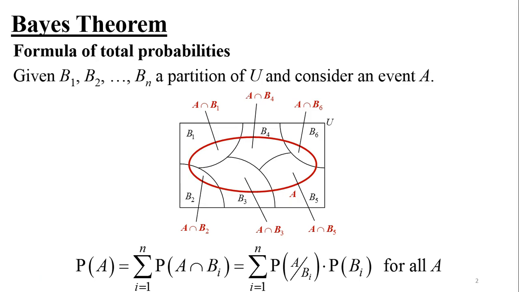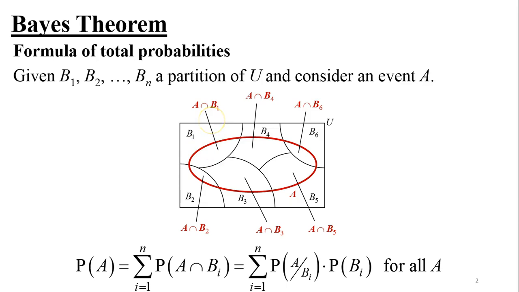It doesn't have to intersect all of them, as is the case in the diagram I have drawn, but in fact, it has to intersect at least one. A could be a subset of one of the B's forming the partition of the universe. It's not really a crucial condition for A to intersect all of them.